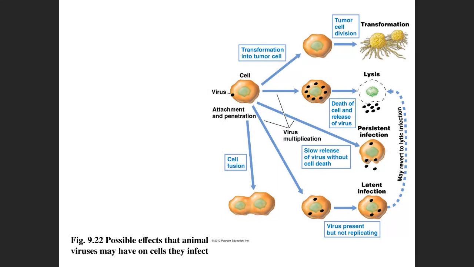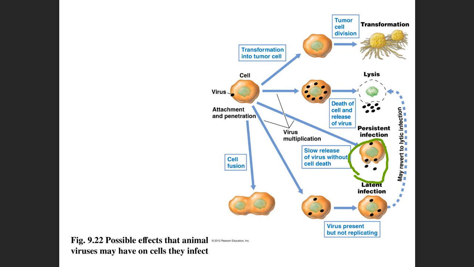Some viruses will transform and cause the whole cell to form tumors, and some kill, and some have persistent infection, meaning they can continuously spill out the virus while the cell is still alive.